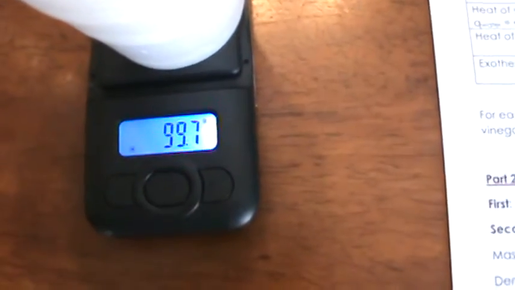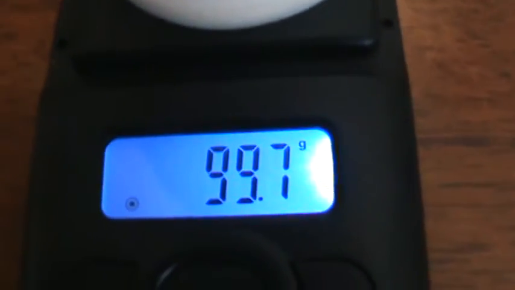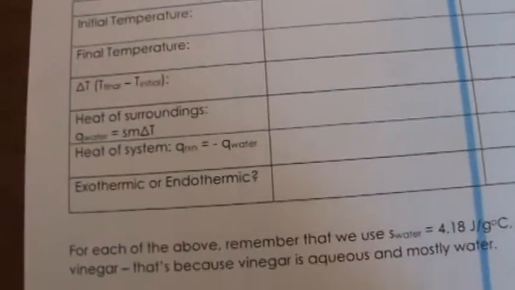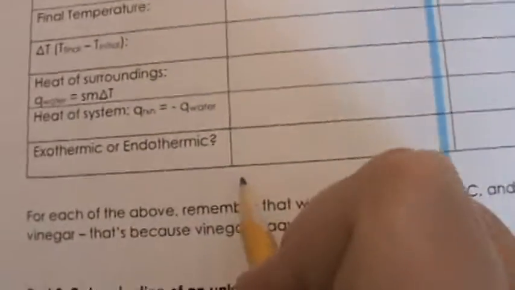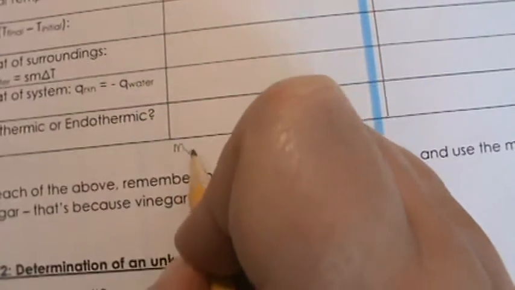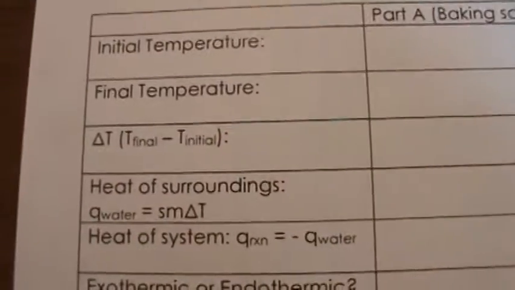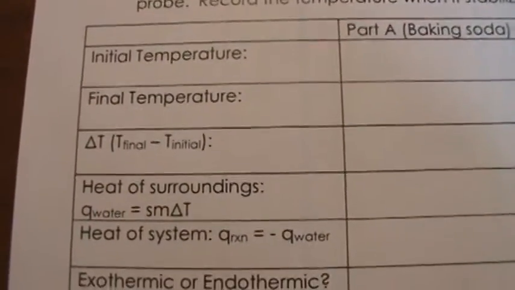So that's 99.7. All right, I don't have the materials to get closer than that. Okay, so I'm going to come over here and make a note that for this one, the mass of my vinegar is actually 99.7 grams, and you're going to need that when you're doing the specific heat, q = m c delta T. Okay, so that's the actual mass of our vinegar.